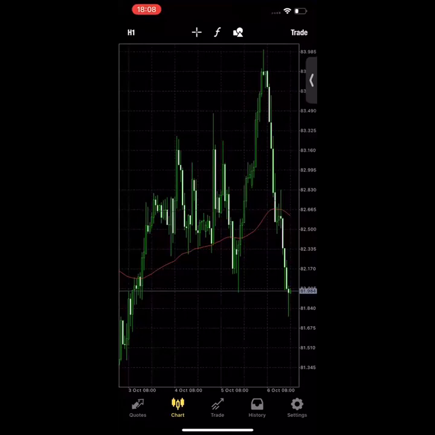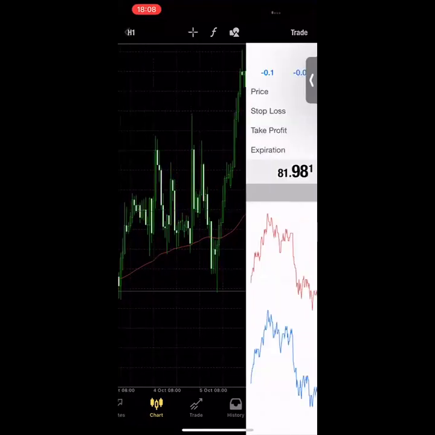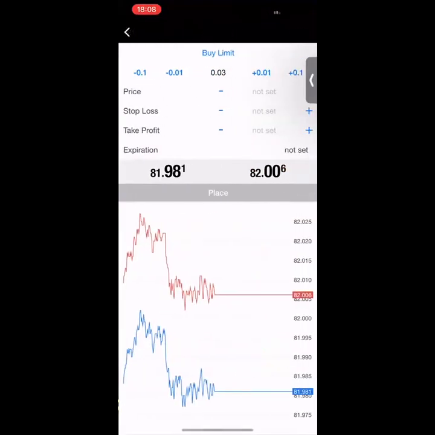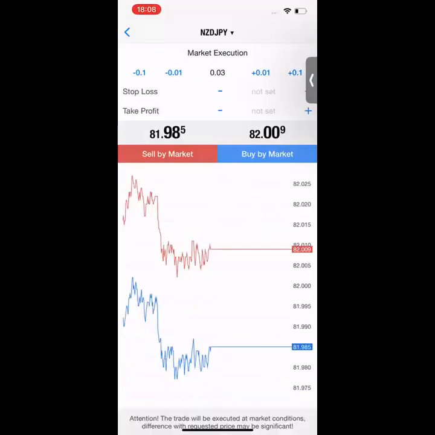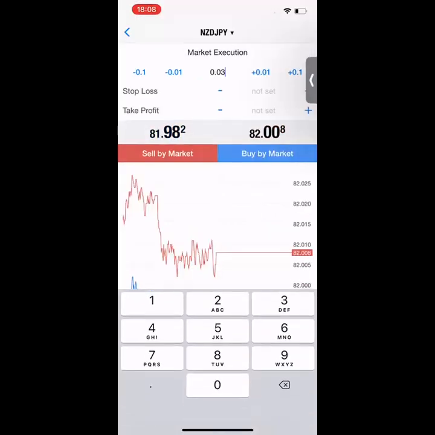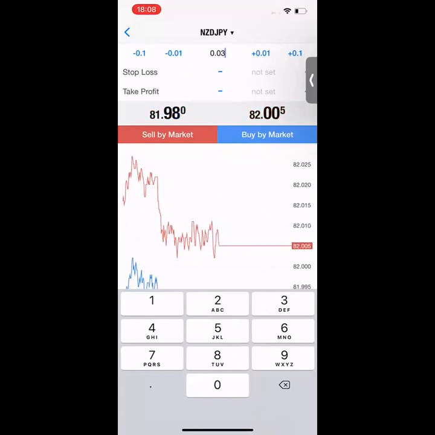And how do I place that? I simply click on trade at the top right corner. I'm going to change this from buy limit to market execution because I want to place at instant execution. The next thing is I'm going to change my lot size to 0.02 so that I don't risk more than $20, right?